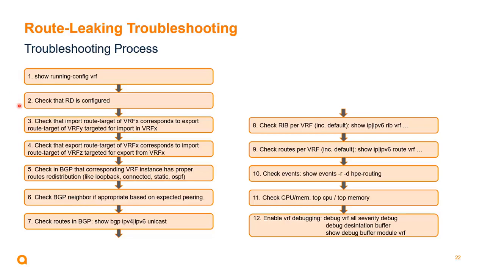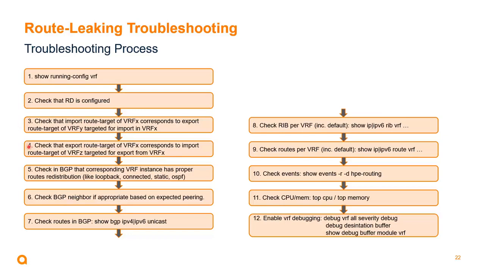Then as step 2, something that is a must: the route distinguisher must be configured per VRF and must be unique per VRF per switch, so please verify this. Then you may check that the import route target value of VRF X corresponds to the export route target of VRF Y that is targeted for import into VRF X. That is something quite important.